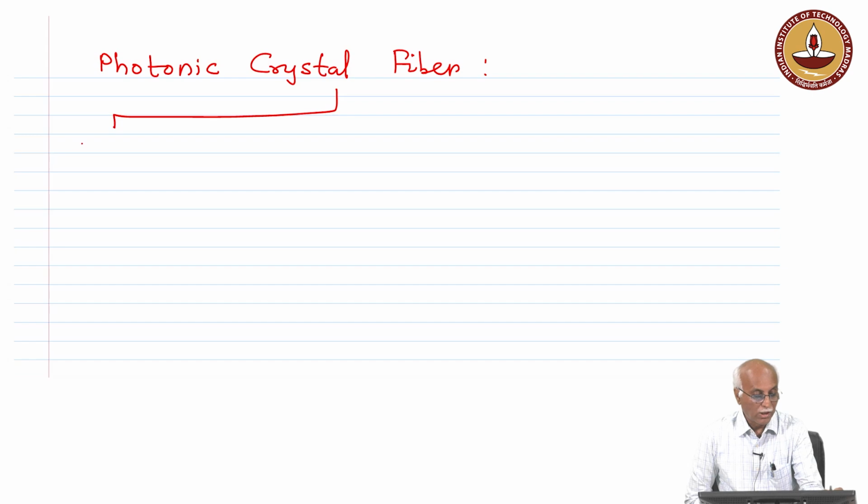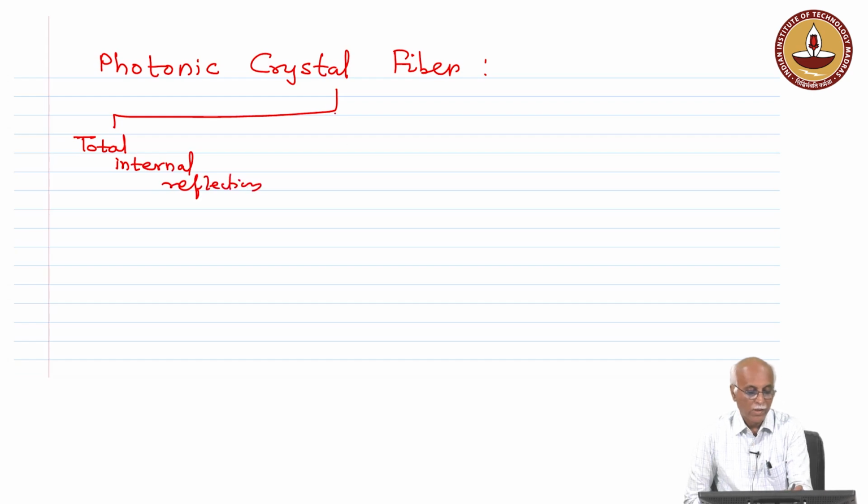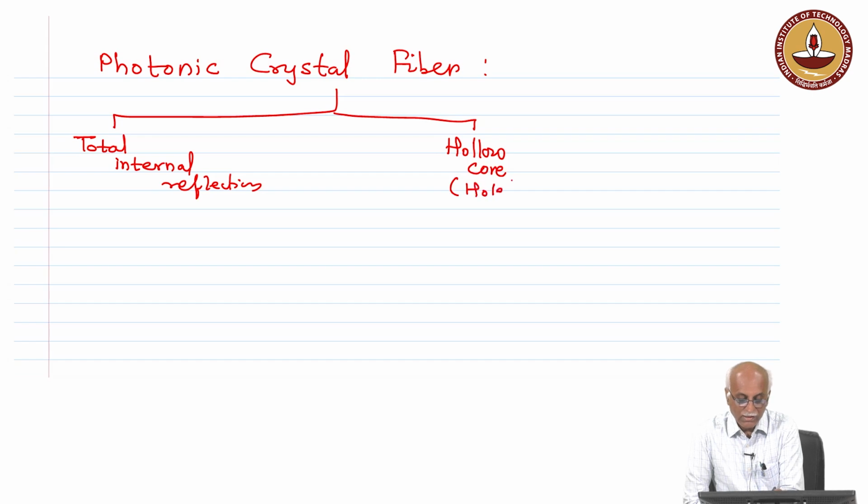One is based on total internal reflection, and the second one is based on hollow core, a holey fiber with holes. So, basically it is known as holey fiber.